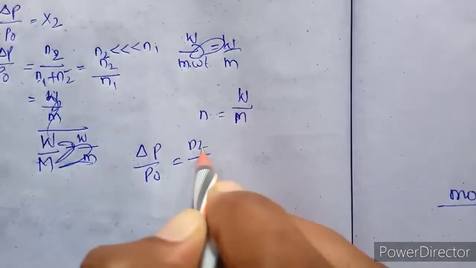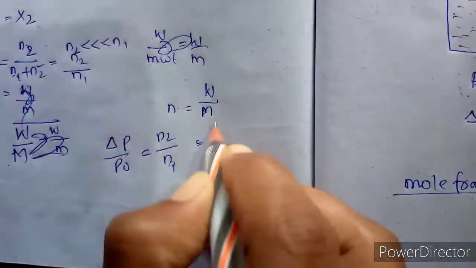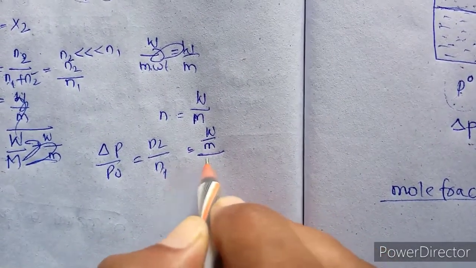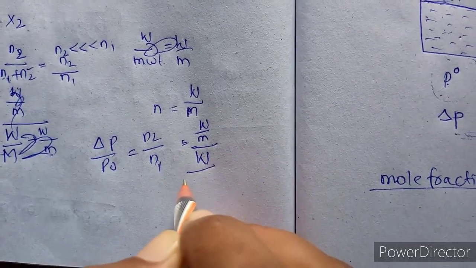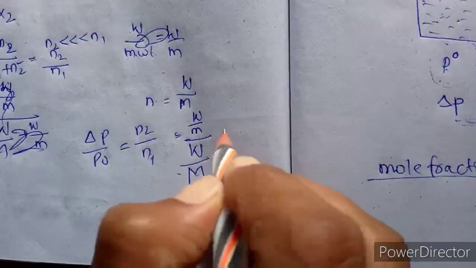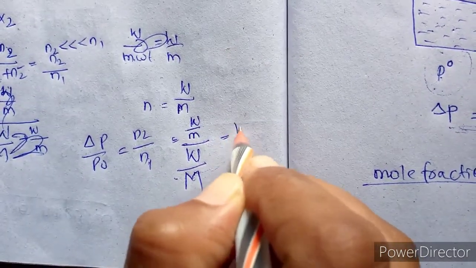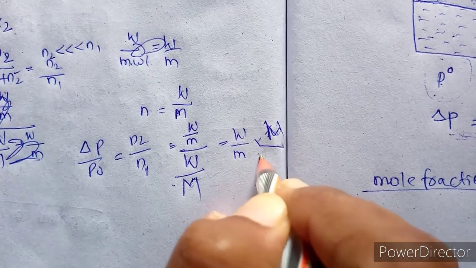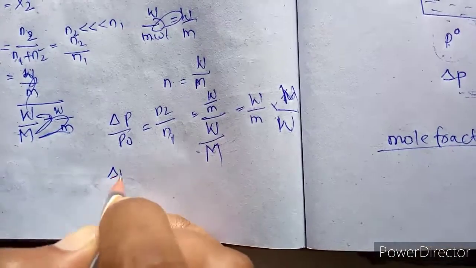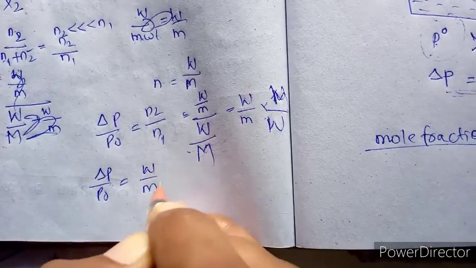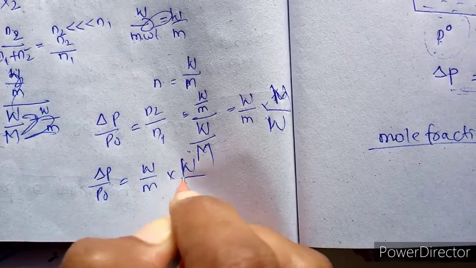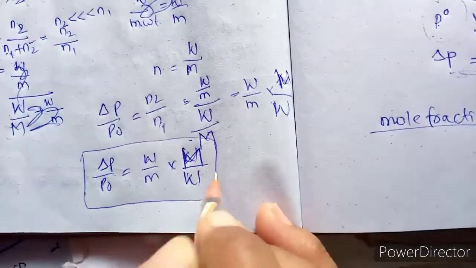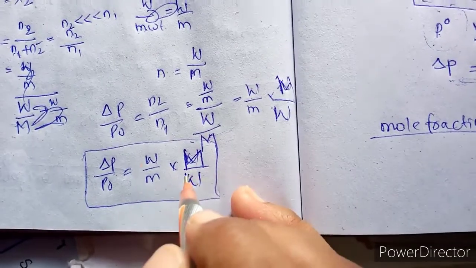Here N2 is the moles of solute, small w by small m, weight of solute by its gram molecular weight, and N1 is the moles of solvent, capital W by capital M. Therefore delta P by P0 is equal to small w by small m into capital M by capital W. This equation relates the lowering of vapor pressure and molecular mass.